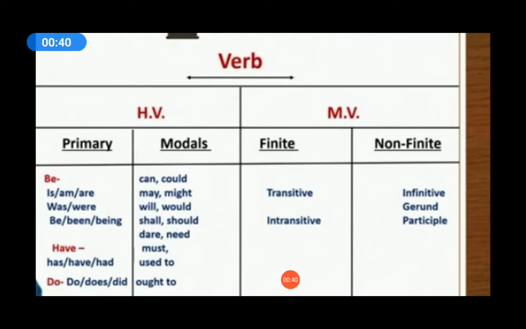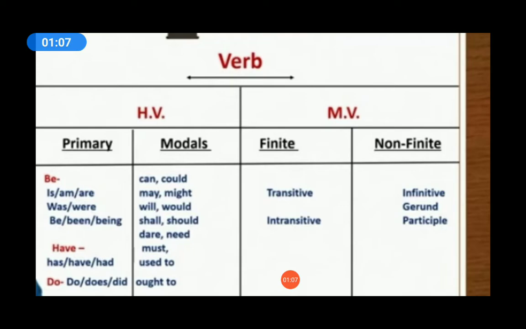Primary verbs are further classified into three more types, and those are verbs of being, verbs of possession, and verbs of action. Verbs of being include is, am, are, was, were, be, been, and being. Verbs of possession are has, have, had, and verbs of action are do, does, did.